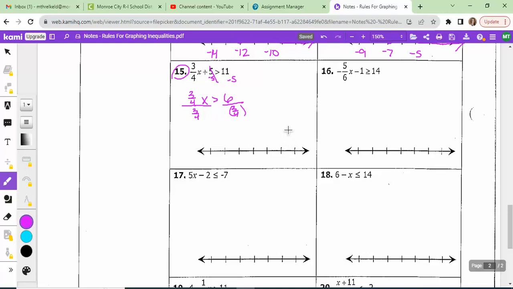So you can type that in. What's the other option instead of dividing? Yep. You can multiply by the reciprocal, so you can multiply by 4/3. Either way, it's a positive, so nothing flips, and you get 12.